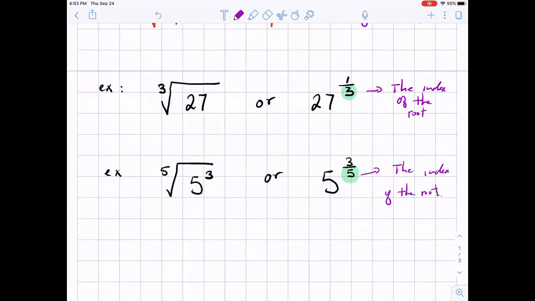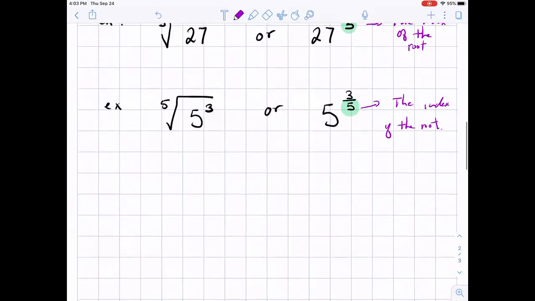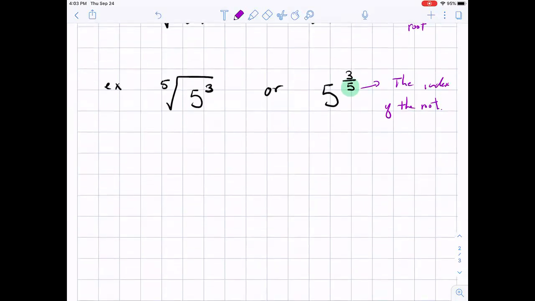So in general, we can rewrite any root using rational exponent. Okay, any root.